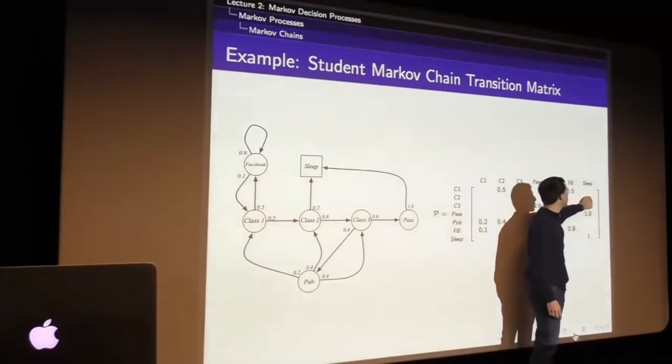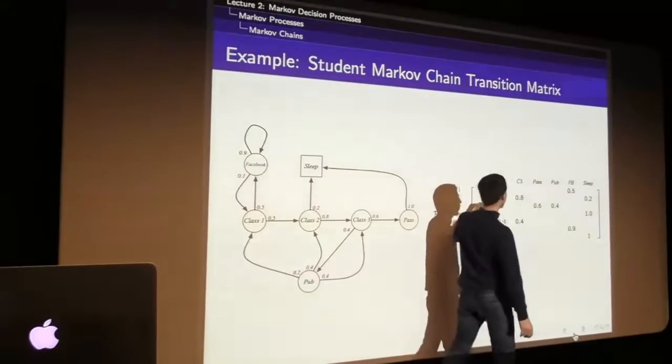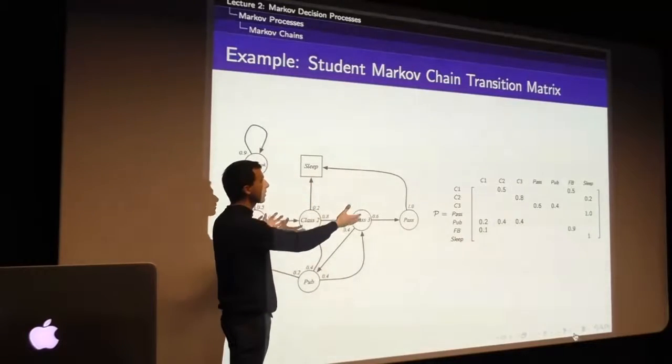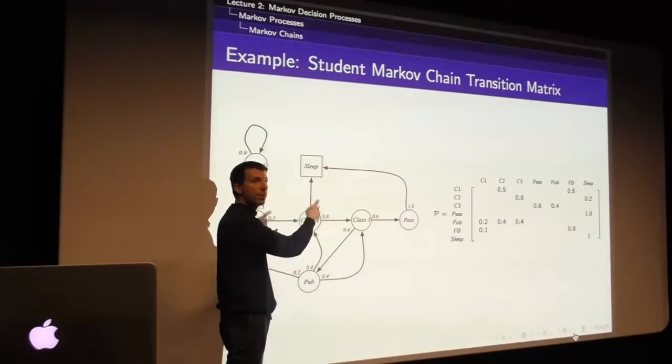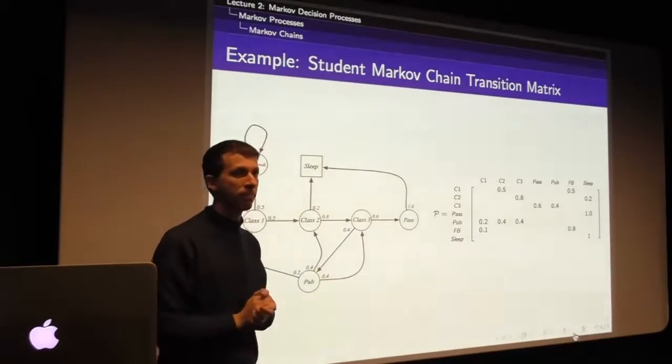But there's also a 20% chance of transitioning to the sleep state. If we look at all of the rows together, that fully describes the entire dynamics of the system. Once we have this matrix, we can sample repeatedly from it and get our sequences of states out of this Markov process.